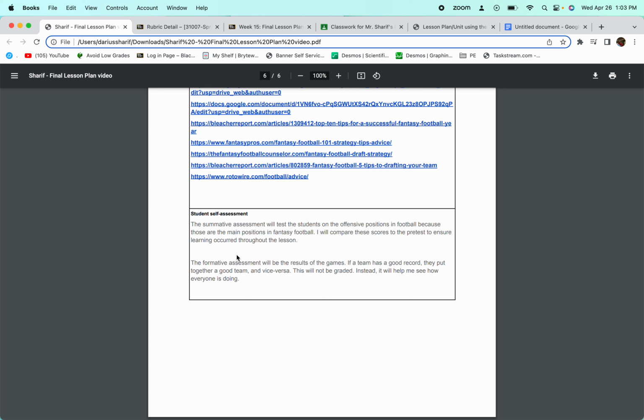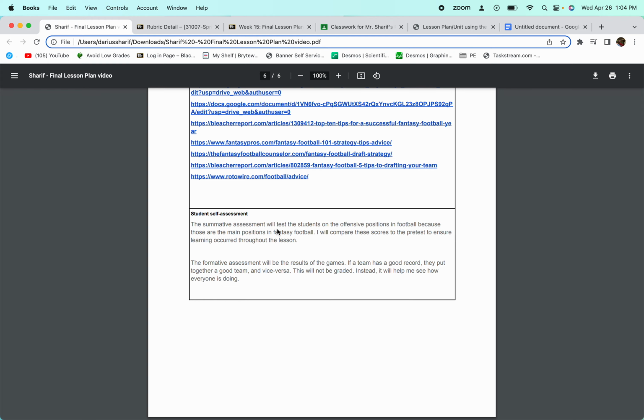Having the pre and post test for the offensive positions allows me to analyze results. So I'll be able to determine if they learned what they were supposed to learn, because I'll have the baseline, which is the pretest, and I'll be able to determine if they improved. That shows that they learned.